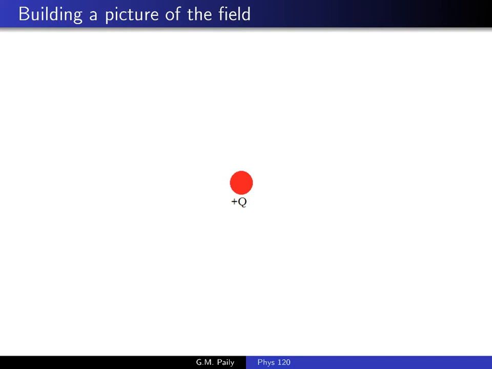Let us build a picture of the field. Let's start with a positive charge. We bring a positive test charge in and look at the force on the test charge.